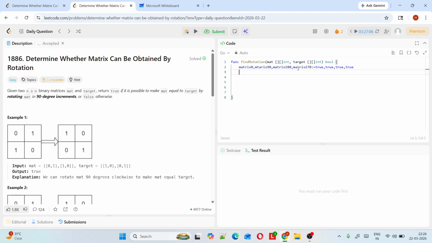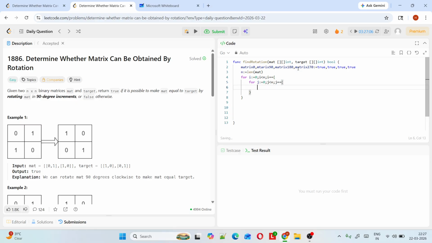Now n is equal to len of mat. Now iterate for I equal to 0, I less than n, I plus plus, and you have to iterate every element in a row, so j less than n, j plus plus.